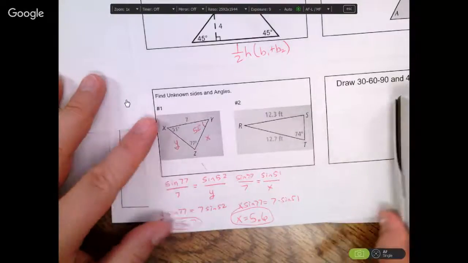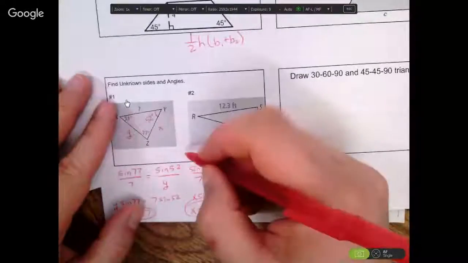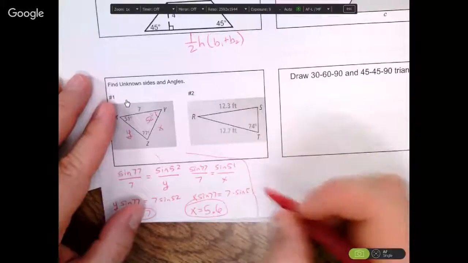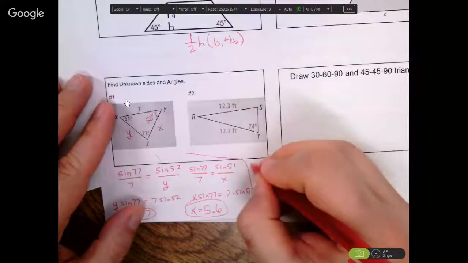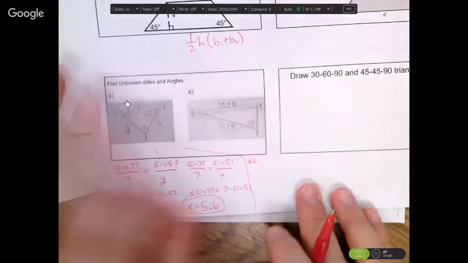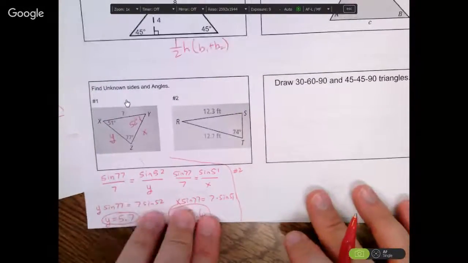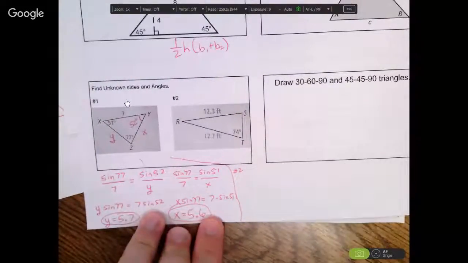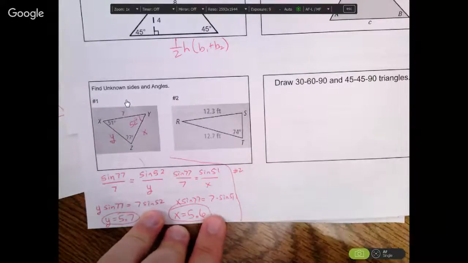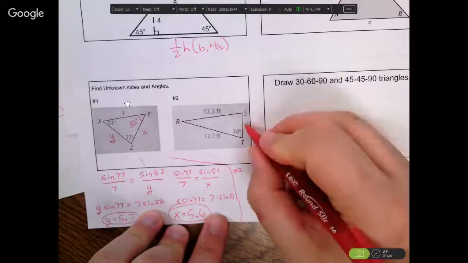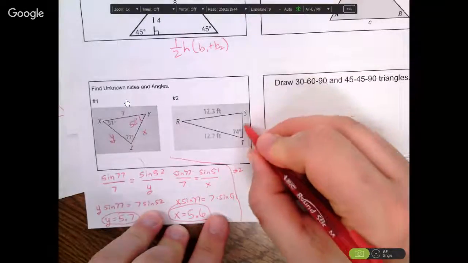Number 2 is slightly different, okay, because we're going to be looking for the angles. So we're going to basically do what we just did. We're going to set up our relationship, and then go from there. What should I call this side right here, just for reference?